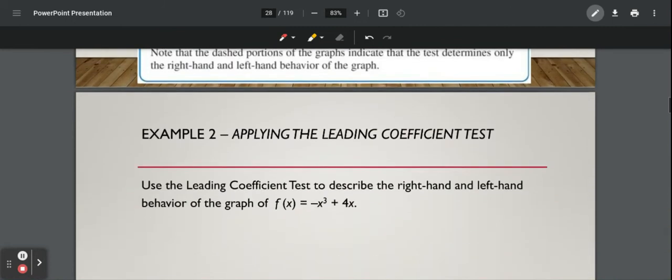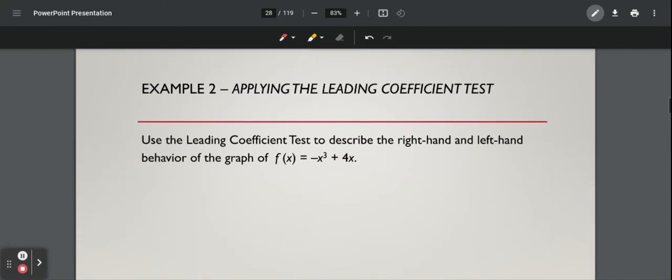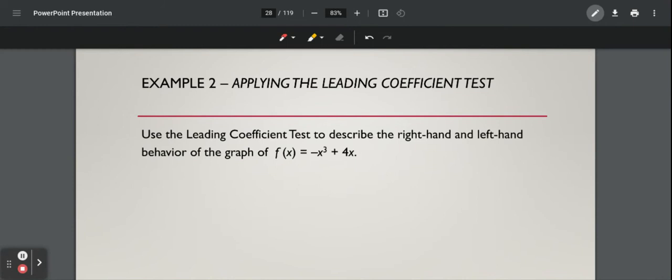So let's use that with this next example to describe the right and left hand behavior. For your right hand behavior, you would describe it as x approaches infinity, because as you're going to the right, your x values are going towards infinity. Where is the y value, or the f of x value, going? We have an odd degree and it's negative.